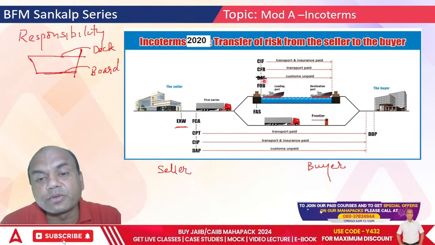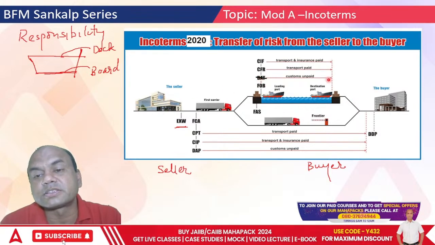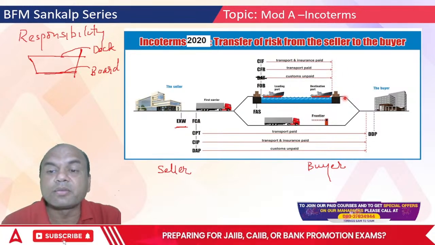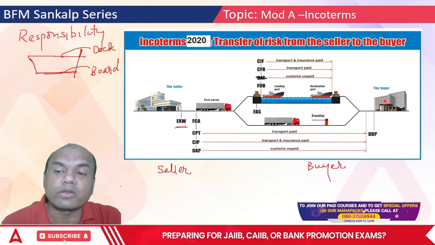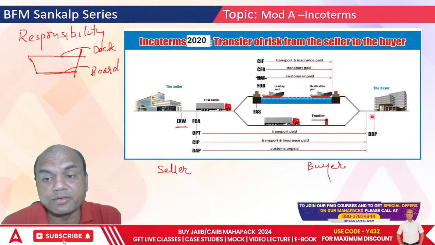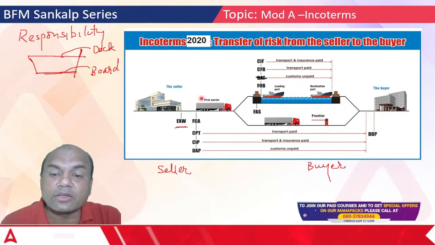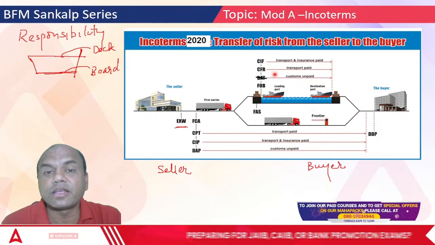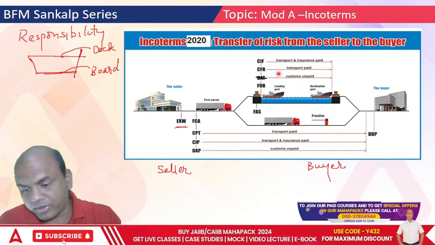Paying the customs duty at the export side, paying the customs duty at the import side, then bringing the goods up to whatever place the buyer wants. So that is known as DDP. So these are the 10 Incoterms which are used basically in any export or import trade. Okay.